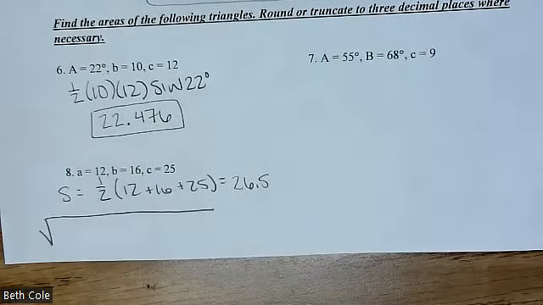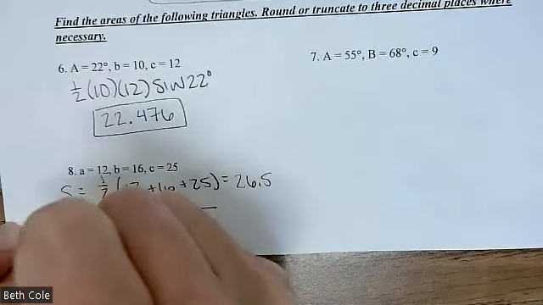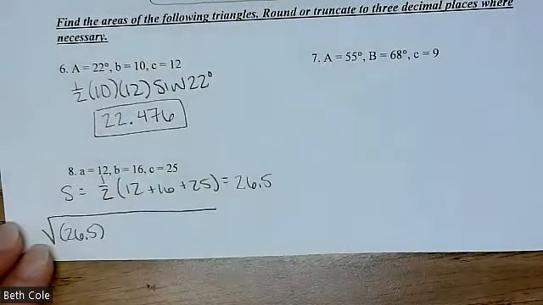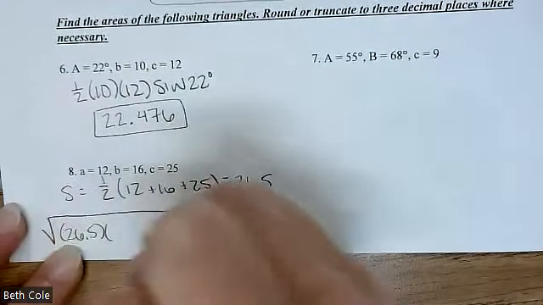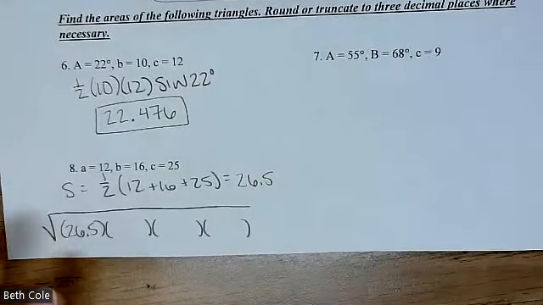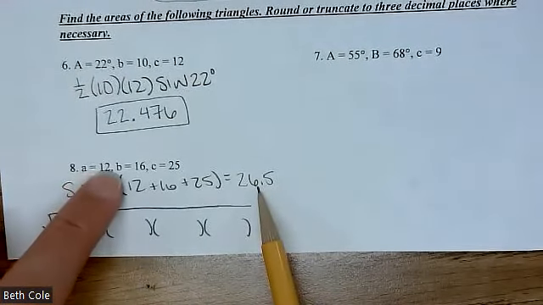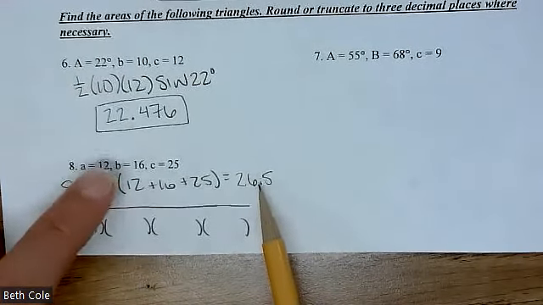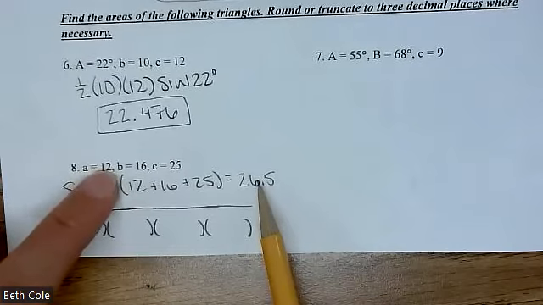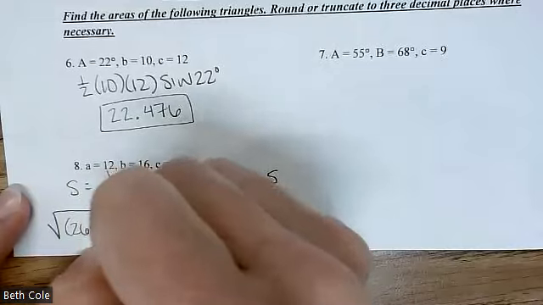Underneath that gigantic square root, you're going to put that 26.5 that you just found. And then if you want to draw 3 more blank parentheses, what goes in the next one would be 26.5 minus 12. You subtract those, and it would be 14.5.